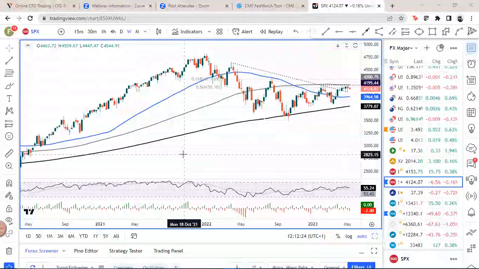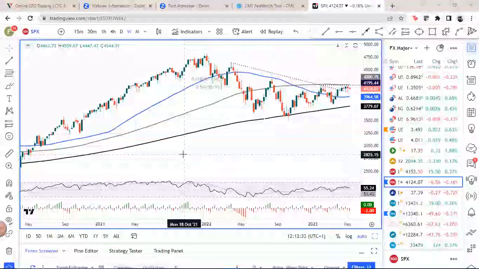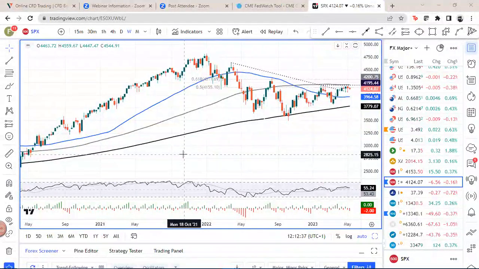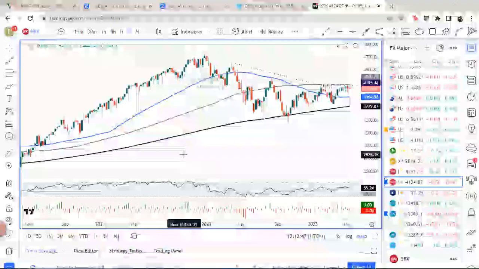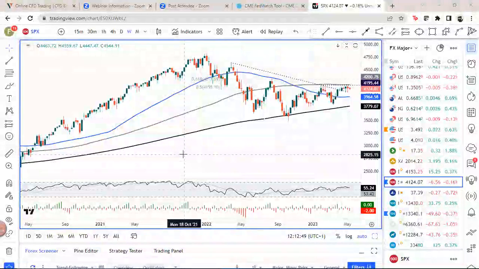We have to remember banking system stress is probably equivalent to around a 50 basis point hike now. That means the tightening of credit from stress in the banking sector would otherwise likely have required the Fed to tighten further, but because of this contraction in credit, it's basically equivalent to a 50 basis point hike.